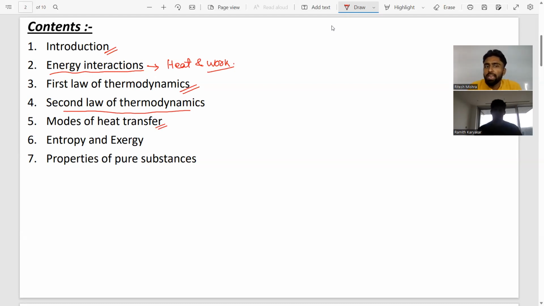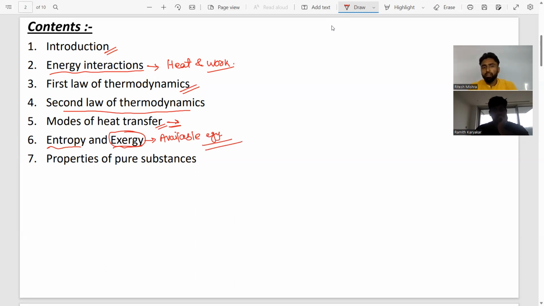Then there are the modes of heat transfer. In this section you basically learn about conduction, convection, and radiation. After that we will move to the entropy and exergy part. Exergy is basically what you call available energy, so we will learn available energy in this topic.